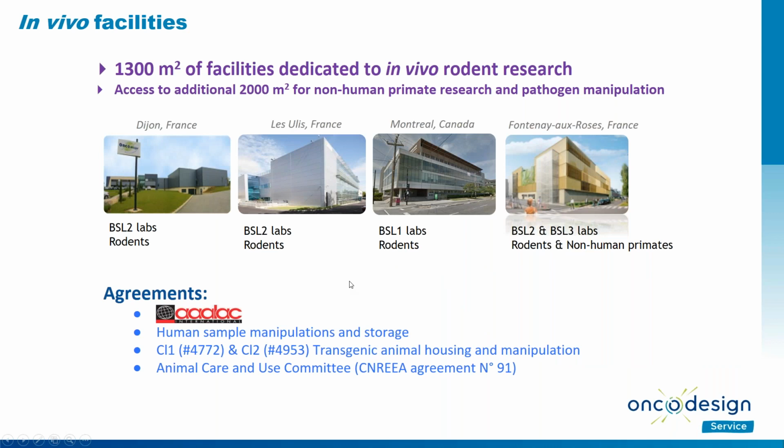So in fact, we have 4 in vivo facilities where we can perform in vivo experiments, with many different biosecurity levels from BSL1 to BSL3, including the possibility to manipulate non-human primates. And of course, all of our in vivo facilities are AAALAC accredited and accredited for human sample manipulation, and transgenic animal manipulation also.